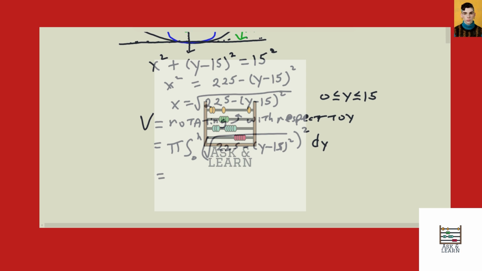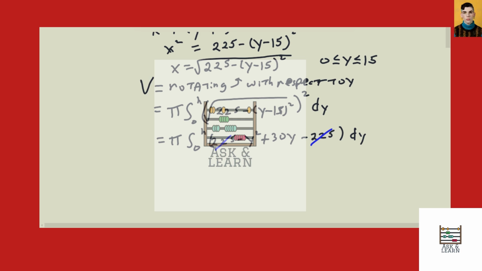So that means I get pi times the integral from 0 to h of 225 minus y squared plus 30y minus 225, all of this dy. Well, 225 minus 225 cancels out.